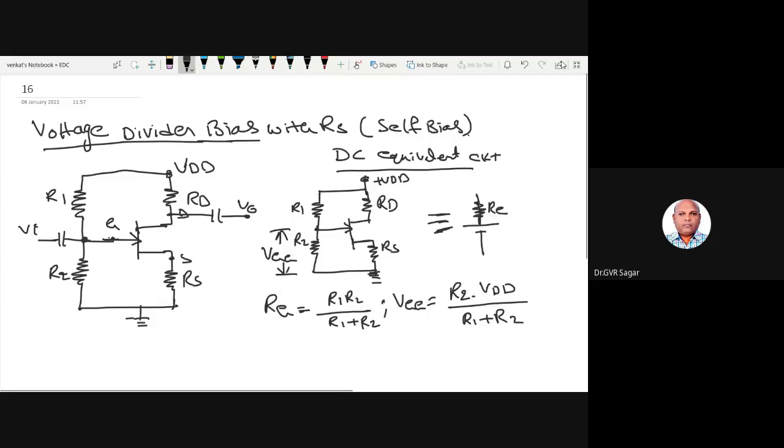The current ID is flowing here and the current IG is flowing here. IG is almost 0, you can say that, and this is called VGG.